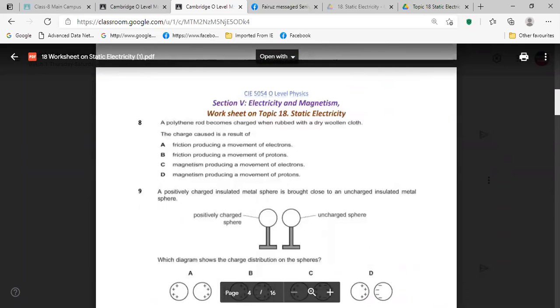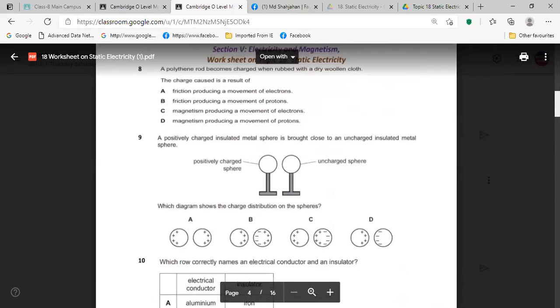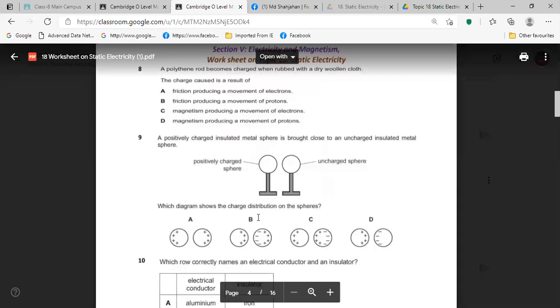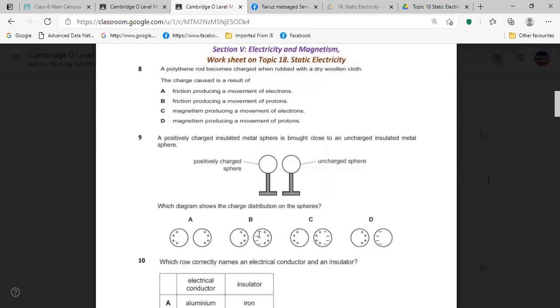Also here. Okay, so which one was the answer for question 9? B. It was positively charged, right? Then here we got negative and on the other side we got positive.